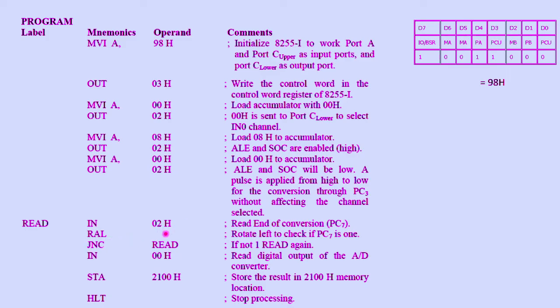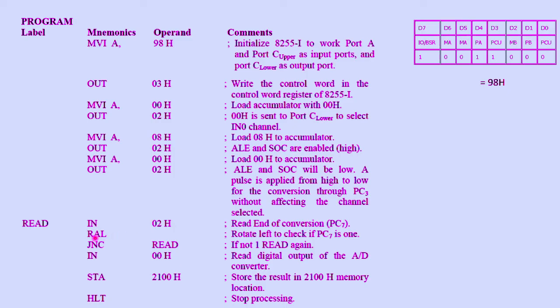But if the end of conversion, meaning the conversion from analog to digital is over, then one high signal will be generated across end of conversion, which is at PC7, and that in turn will change the bit PC7 from 0 to 1.